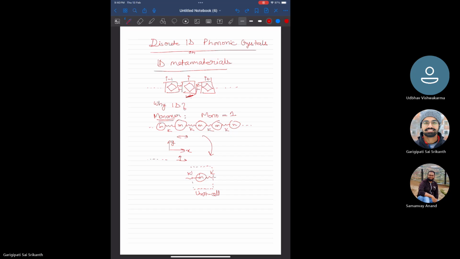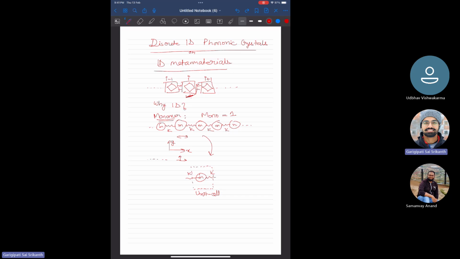If the particle can move in x and y, then inside the unit cell you'll have 2 degrees of freedom. So 2 degrees of freedom will make it a 2D. Although it's a chain, it will be a 2D chain. So we begin with 1D phononic crystal where it's a chain and each unit cell will have 1 degree of freedom. So that's what we've just started.